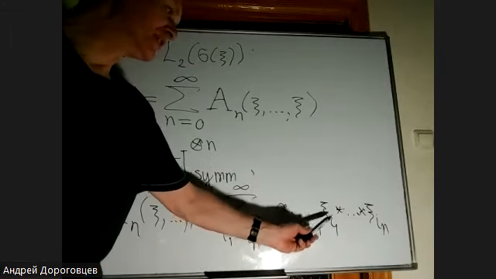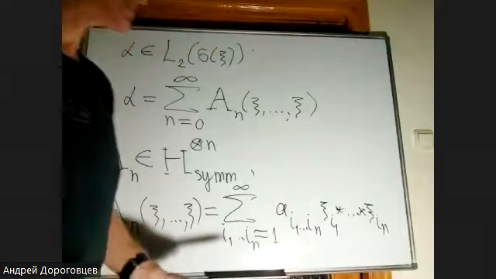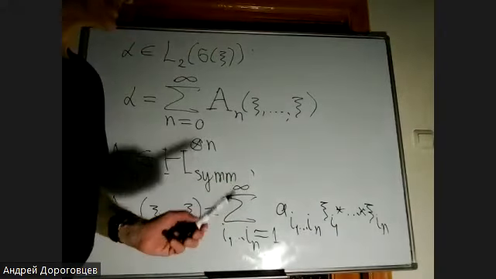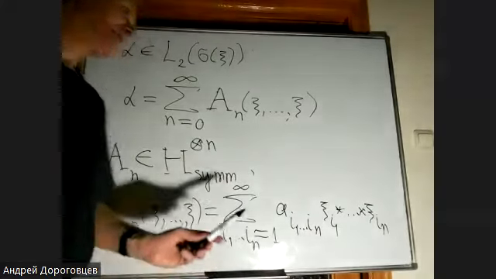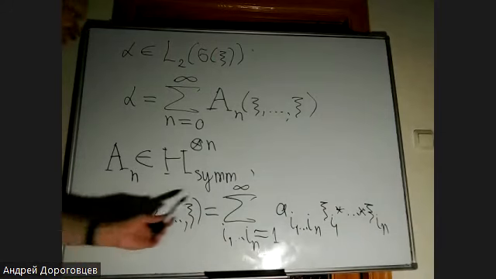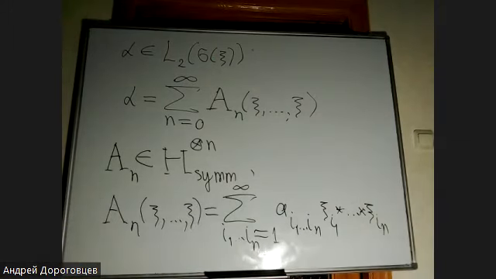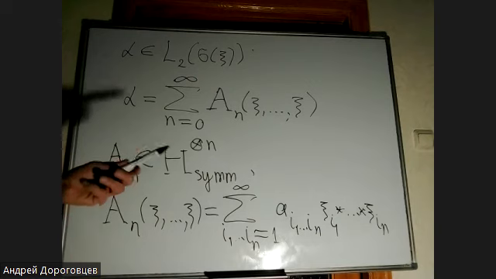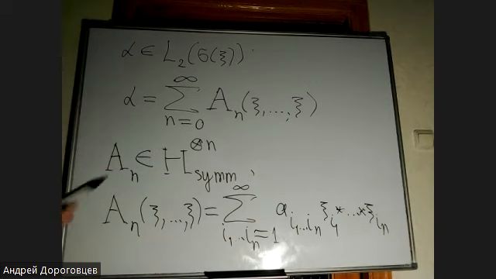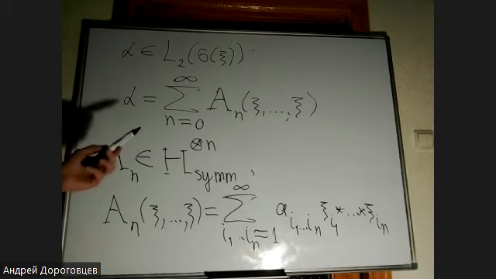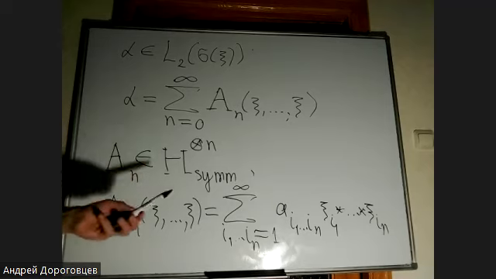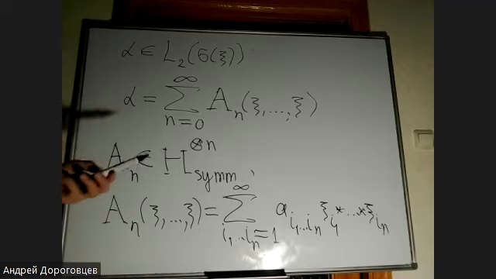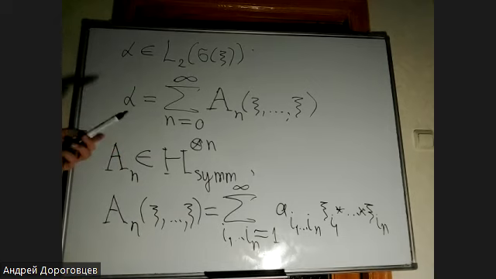For example, if we have psi_1 three times, then we substitute this power by the Hermite polynomial of the same degree. Then it occurs that such random variables exist, that the series converge, and moreover, they play the role of the infinite dimensional analog of Hermite polynomials. So one can consider this chaotic expansion of the random variable alpha as the infinite dimensional analog of the expansion of random variables with respect to Hermite polynomials.